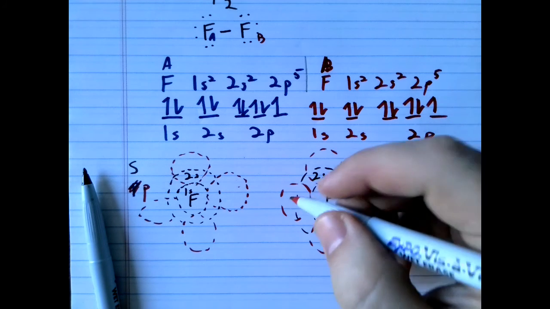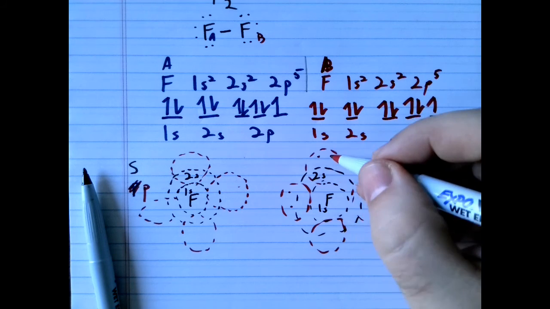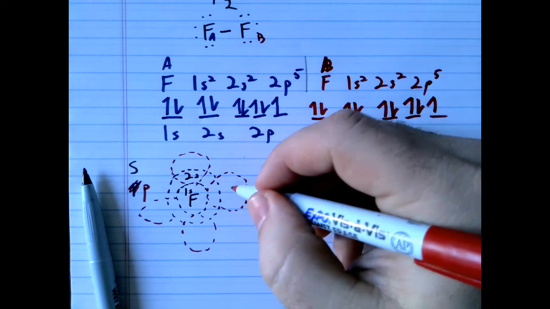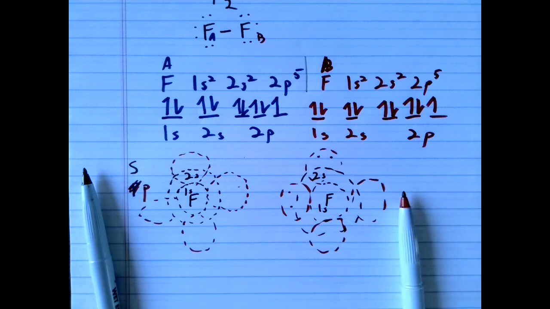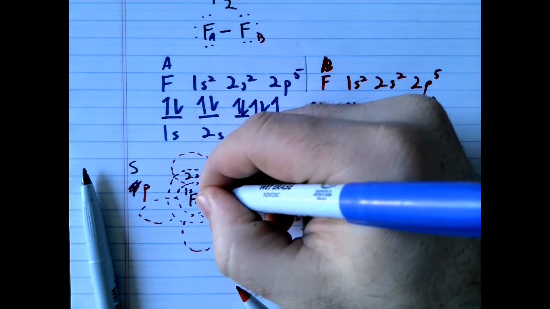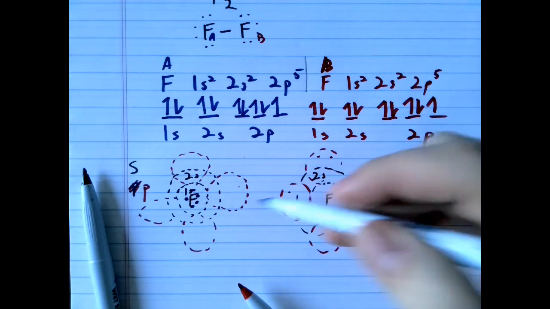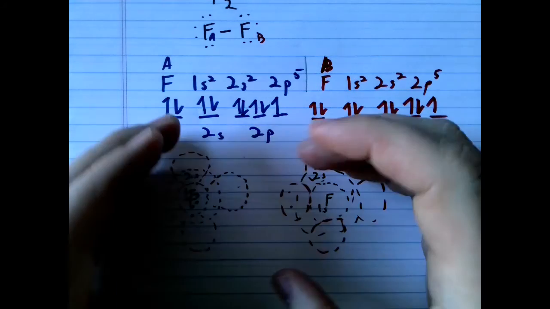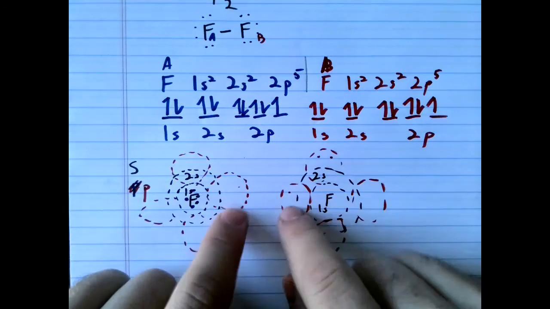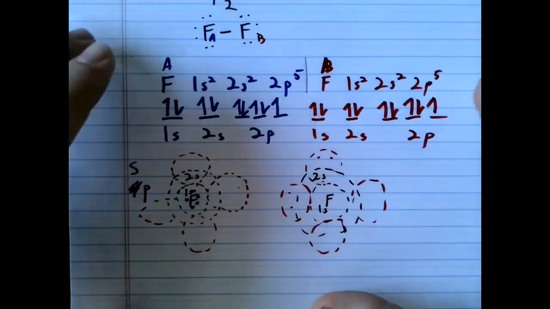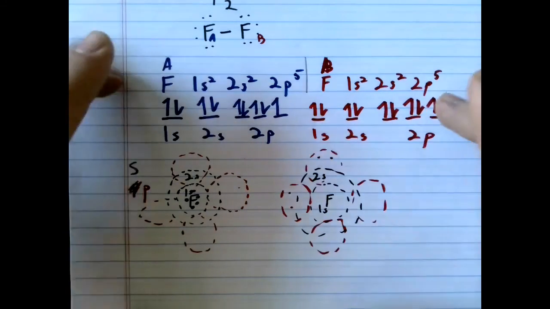Well, the electrons here, they're attracted to the protons, and here let's use blue for that, the protons in this nucleus. And so they're going to pull towards each other. And when these 2 atoms pull towards each other, the electrons in their clouds are repulsed by each other. These electrons don't want to be near each other.